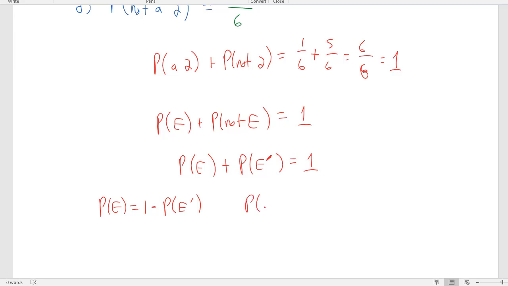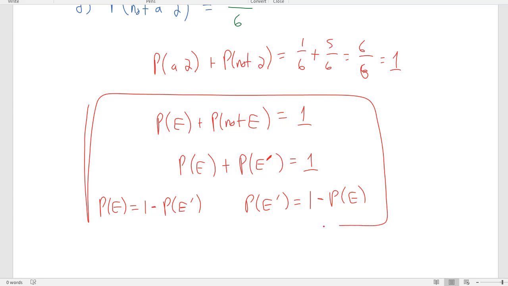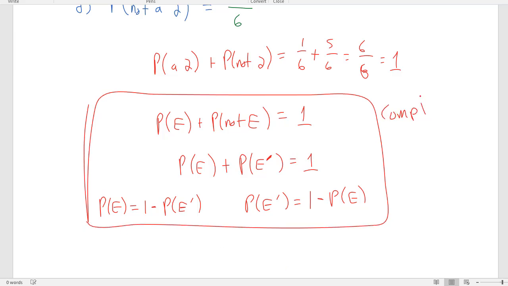So I could say the probability of not E is 1 minus the probability of E. So these three formulas are what we would call the complement rule. So let me say complement rule.